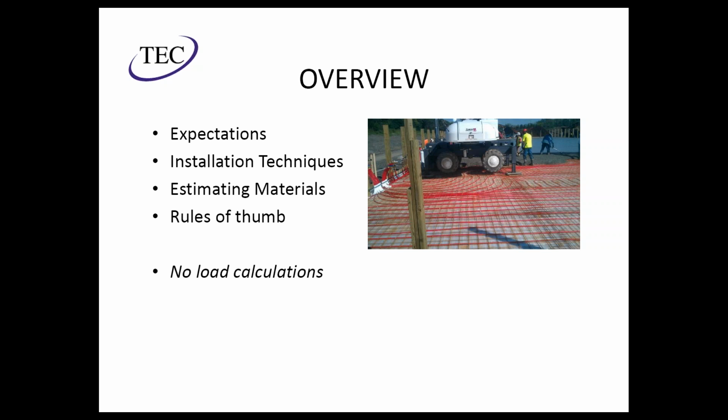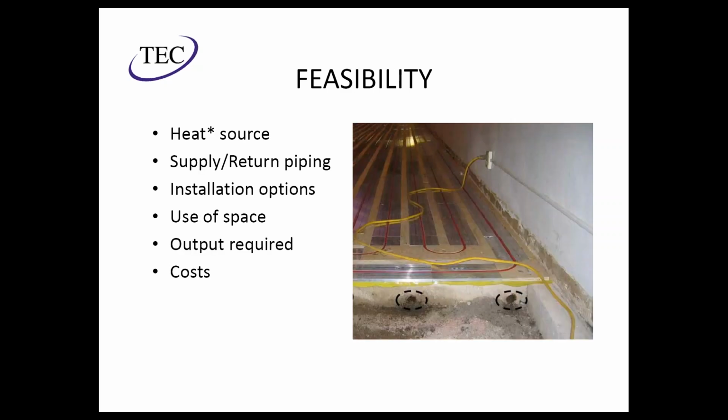I will give you some rules of thumb, and we will talk about what kind of load you can expect to get out of the system, but the heat calc will obviously be completely dependent on the building design and the layout of walls, windows, etc. So nothing I can possibly address here in that regard.